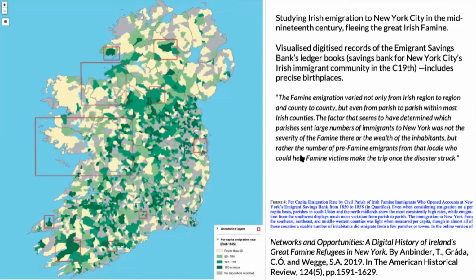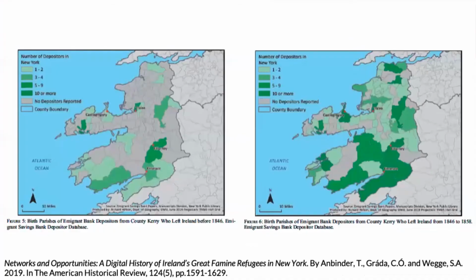And what the researchers then did is they separated the data, and they said, I want to see a map of the people who had emigrated pre-famine, and I want to compare that against the people who emigrated during the famine.